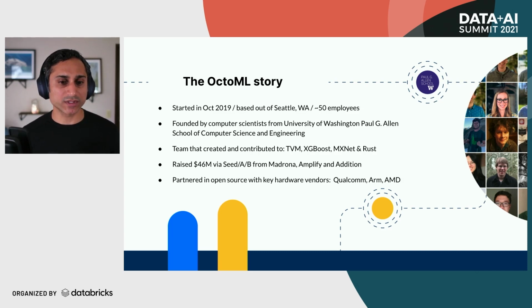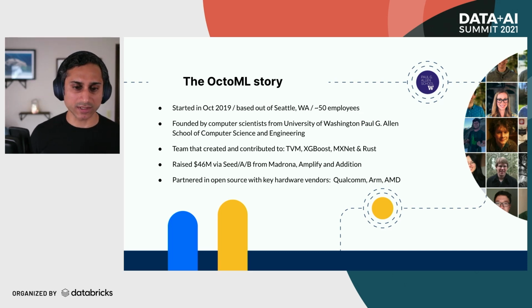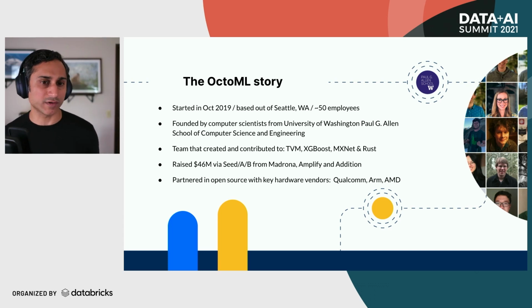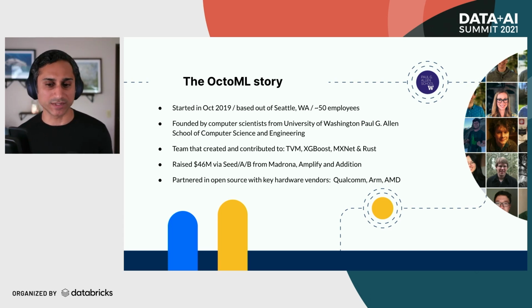And OctoML was founded by the computer scientists from University of Washington, the team that created TVM, XGBoost, MXNet, and Rust. We've raised about 50 million so far in a handful of rounds from Madrona, Amplify, and Addition. And in the open source, we partner with key hardware vendors like Qualcomm, ARM, and AMD to essentially unlock any deep learning model to run on those vendors' hardware chipsets.